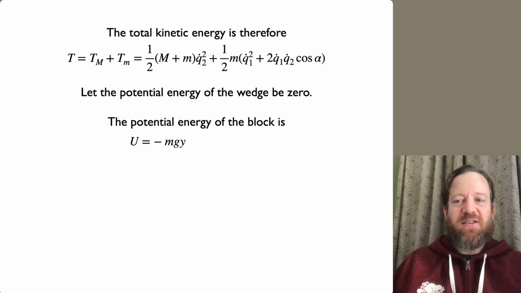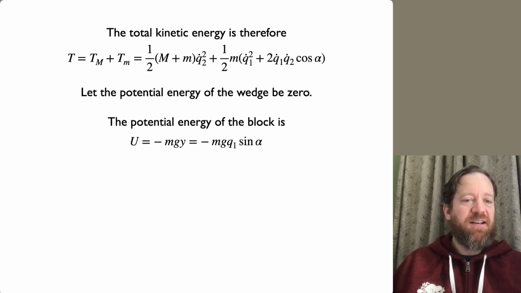The coordinate y is going to be measured from the top of our wedge. So we can substitute in then for y and write this in terms of our generalized coordinates. Y is just q1 times the sine of our wedge angle alpha, so this means our potential energy is just negative mg times q1 sine alpha.